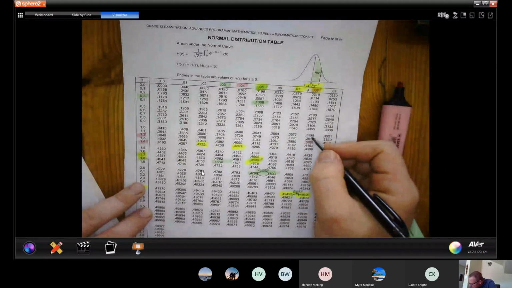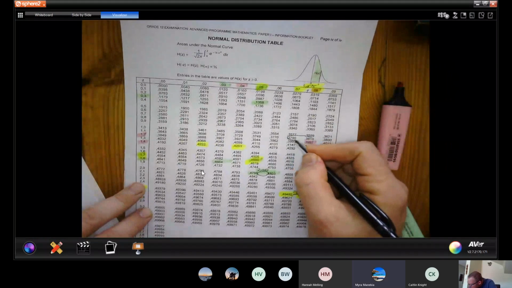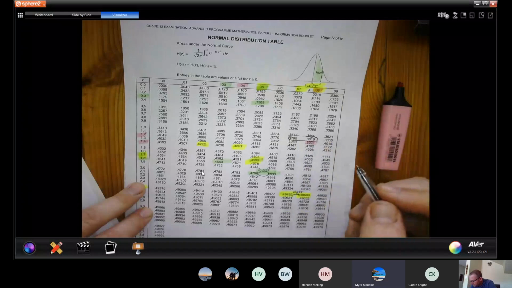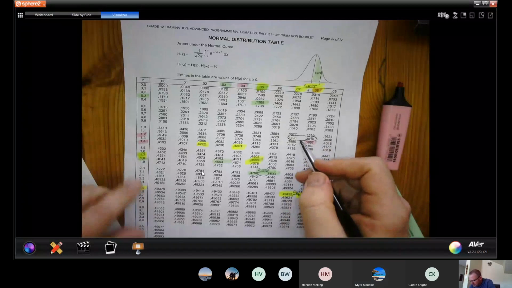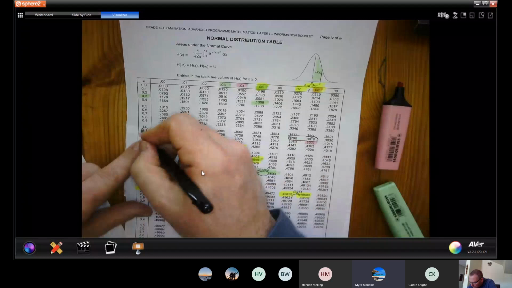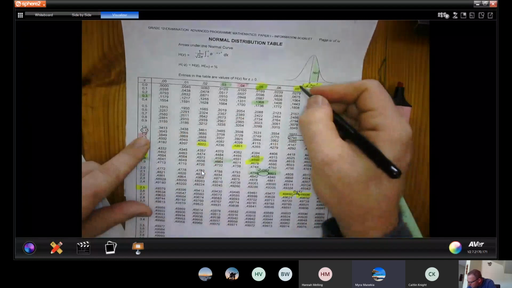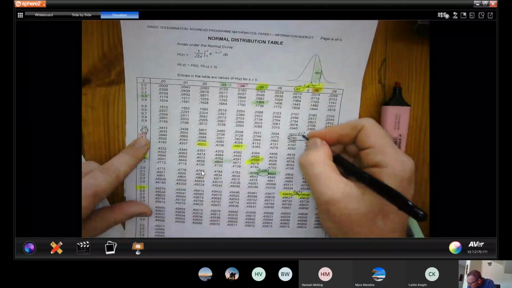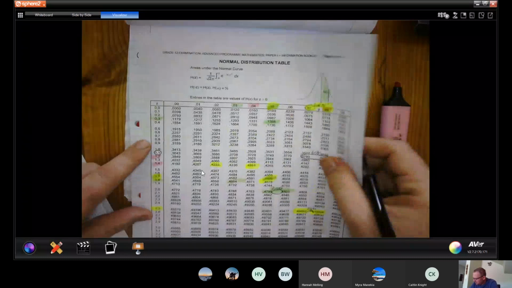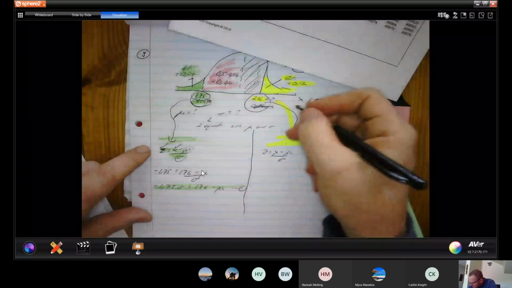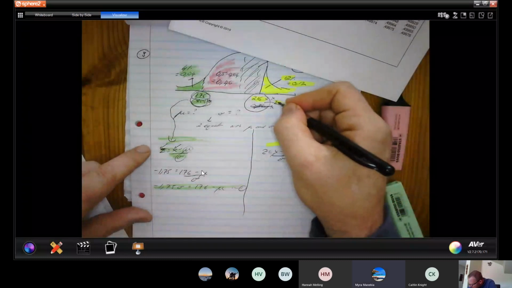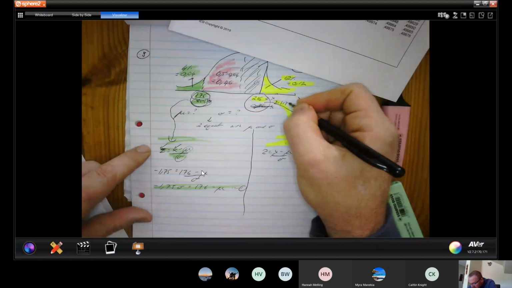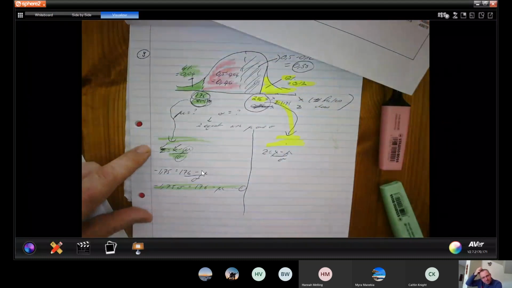If you agree, Mara, it's in the middle of those two. So what are we going to use? 1,175. Exactly, that'll be 1,175. Thank you, Mara. So this z score over here that goes with this is z is equal to 1,175.